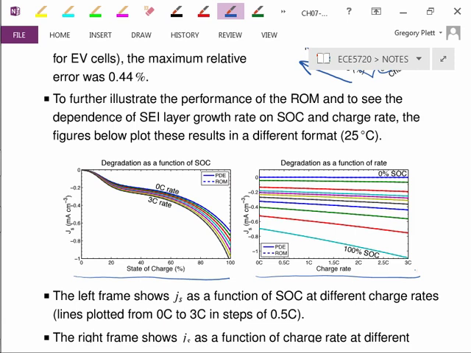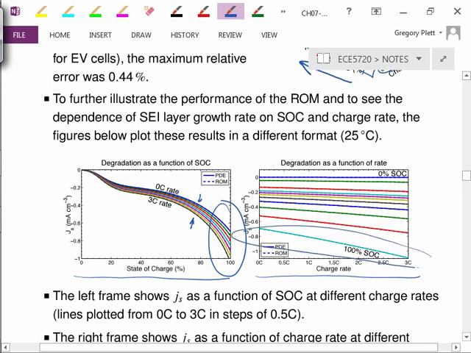So clearly low rate causes less degradation than high rate, and SOC has a major impact: when I'm at high states of charge the side reaction is much worse than at low states of charge. And here we can see again that the C rate has an impact.